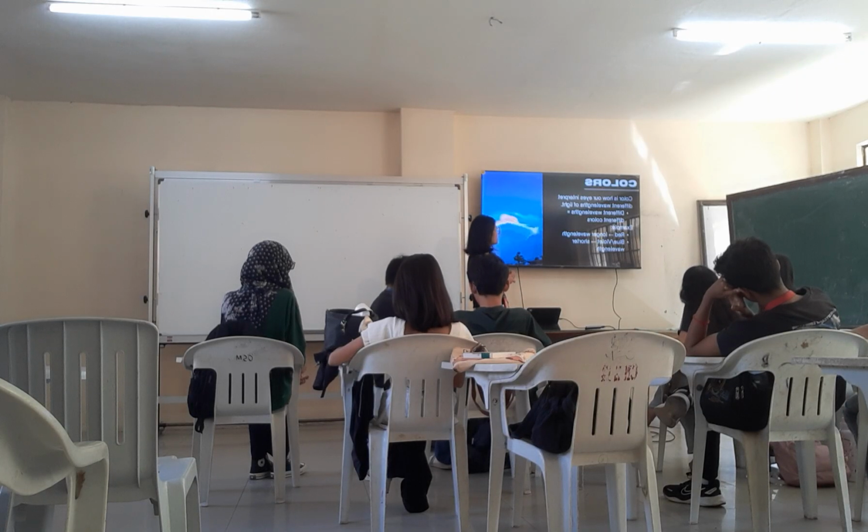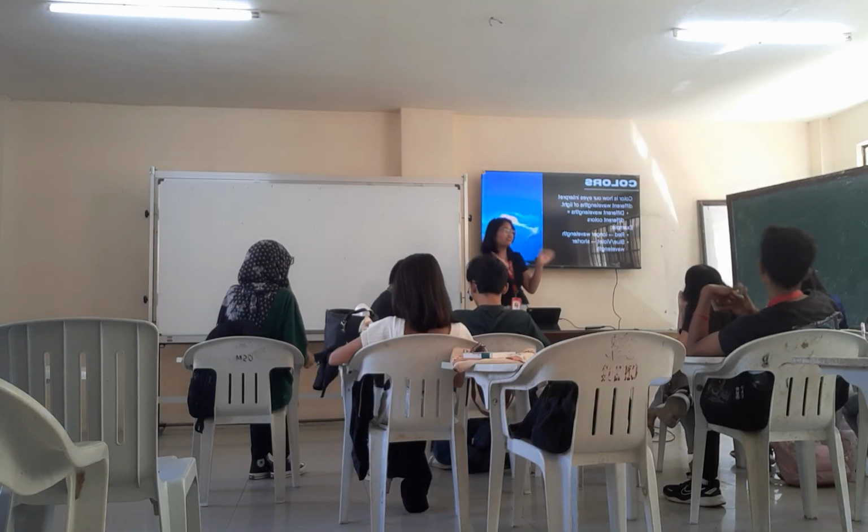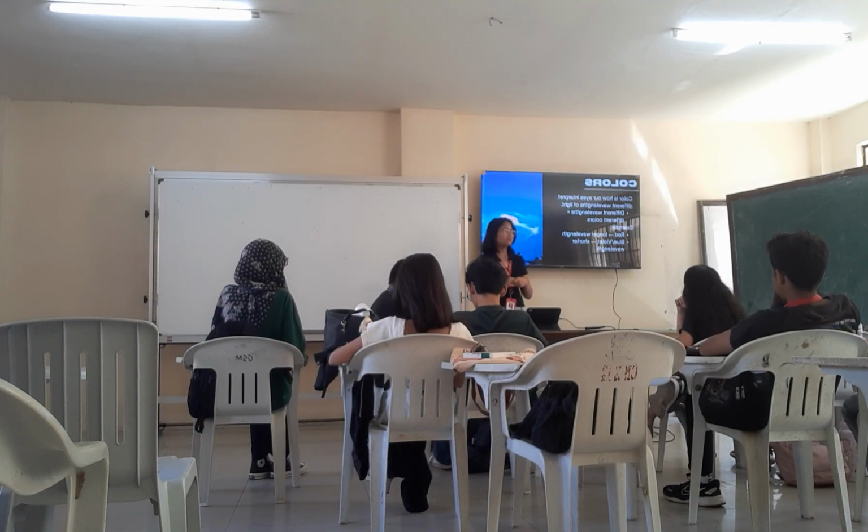Now in colors. Color is how our eyes and brain interpret different wavelengths of light. Different wavelengths of light mean different colors.